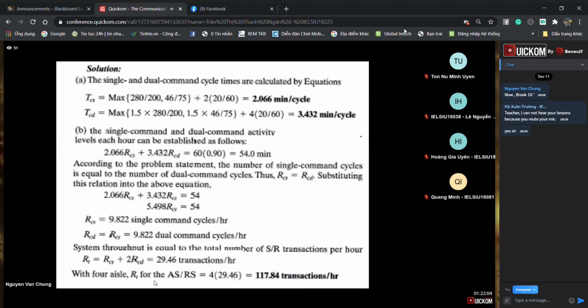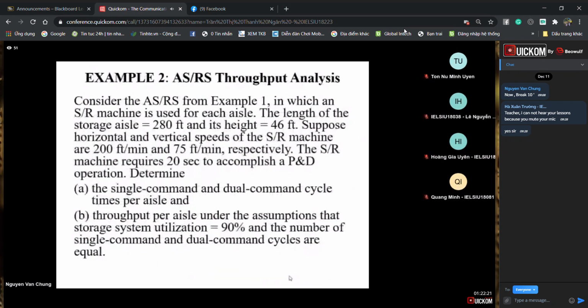With 4 aisles, you need to multiply by 4. So like that, because everyone focuses on the 4, you have these 4 aisles. Okay, now this varies if you have the rules as assumptions.